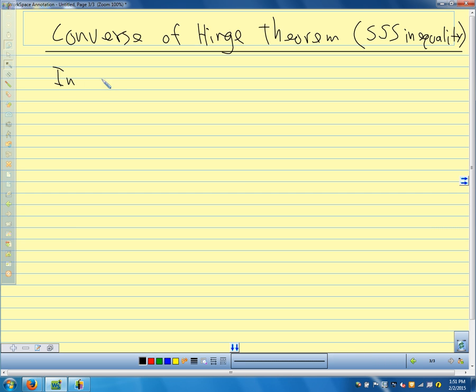So, in two triangles, if two pairs of sides are congruent, but the third sides are not.